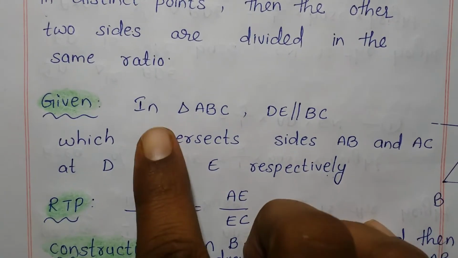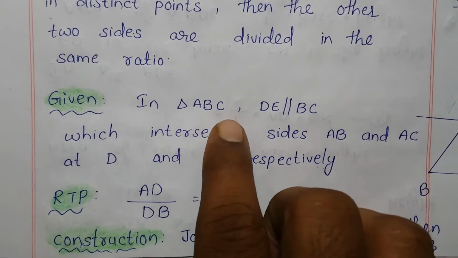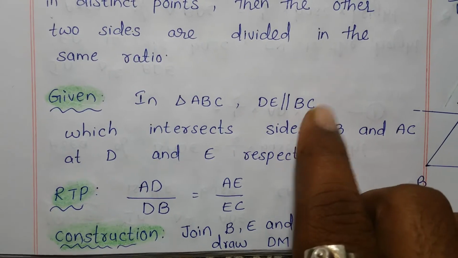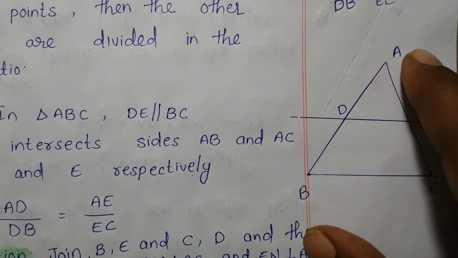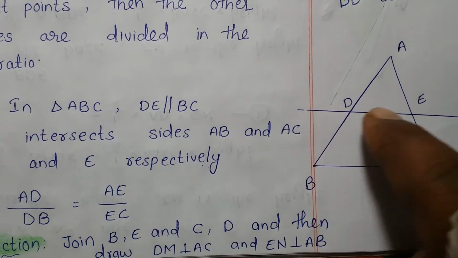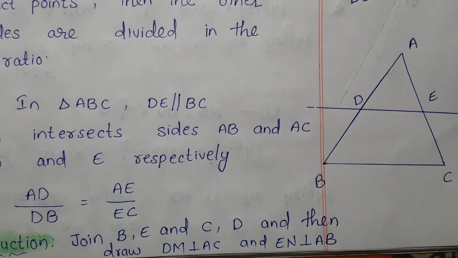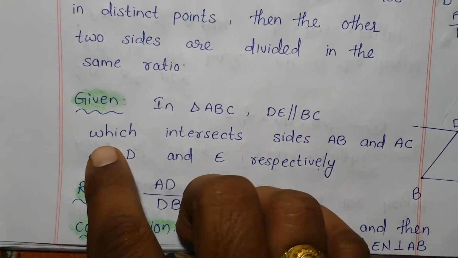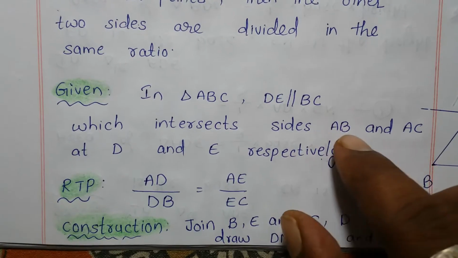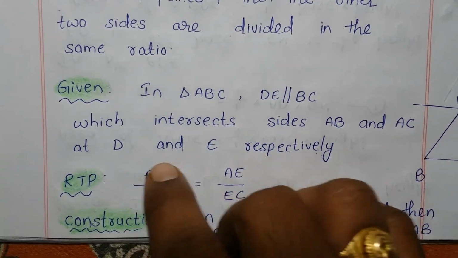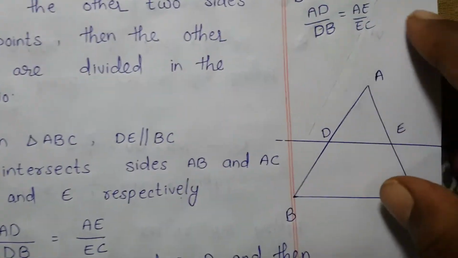So what is given? Given in triangle ABC, DE is parallel to BC. So ABC is a triangle in which DE is parallel to BC, which intersects sides AB and AC at D and E respectively.